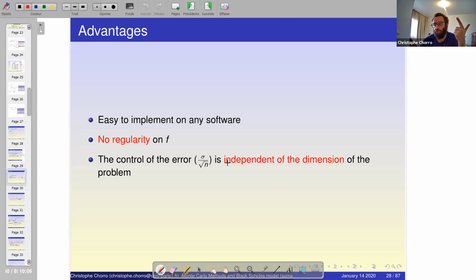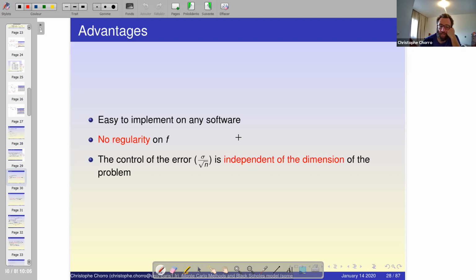And then I said that in the multidimensional case, the error will be controlled by a term that is weaker and weaker if I increase my dimension. I don't have this problem in the framework of the Monte Carlo methodology.